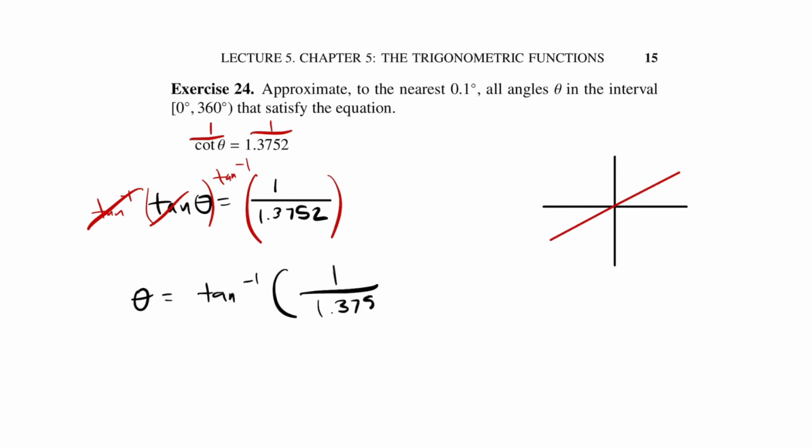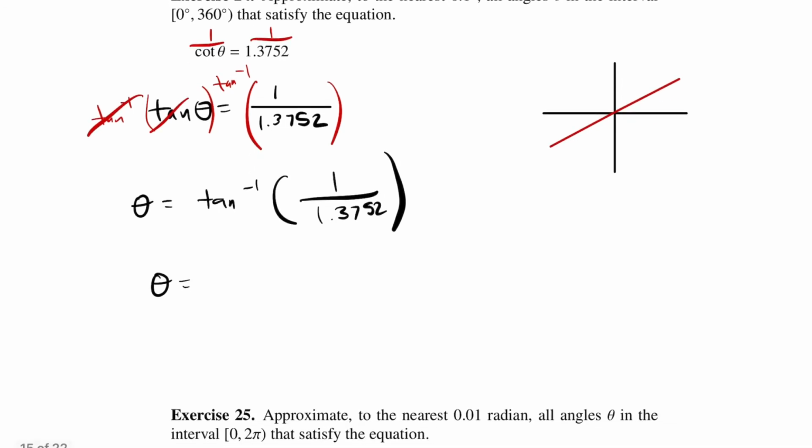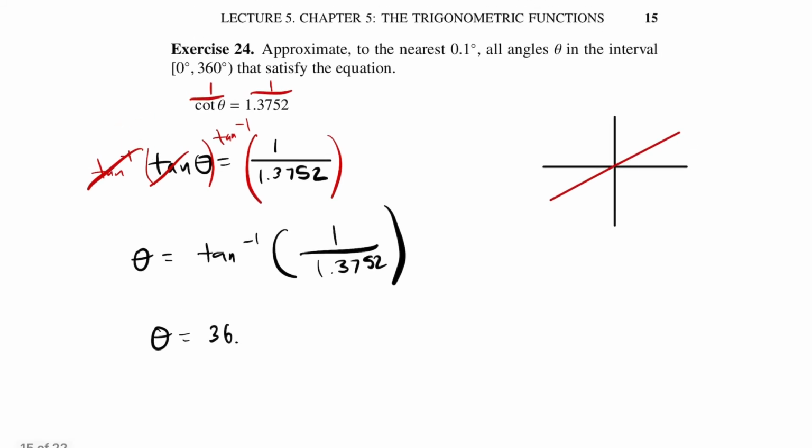All right, so if you do that on your calculators, you should get, let's see, inverse tan of 1 divided by 1.3752. You should get 36.36. Let's just round to, they don't really tell us, oh yeah, they tell us to 1 decimal degree.